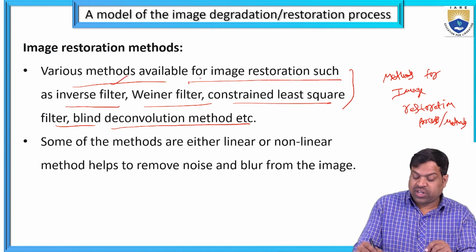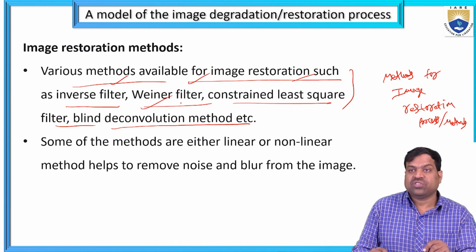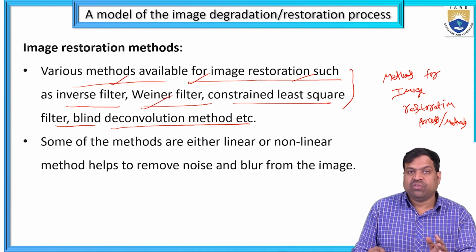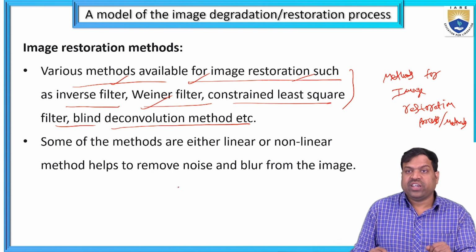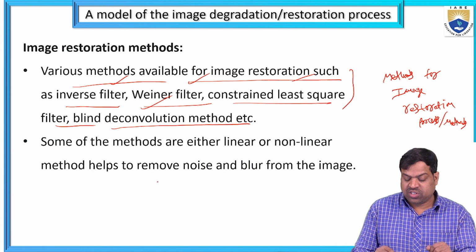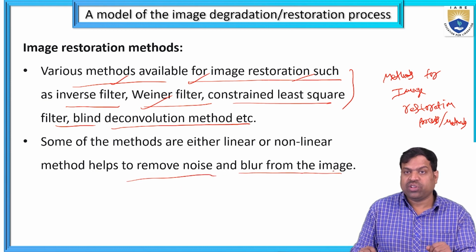Inverse filtering, Wiener filtering, constrained least square filtering, blind deconvolution methods. So these are the four methods we are using for image restoration. And some of the methods are either linear or non-linear methods to remove the noise and blur of the images.